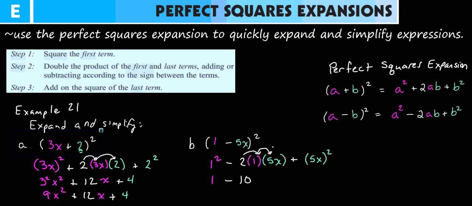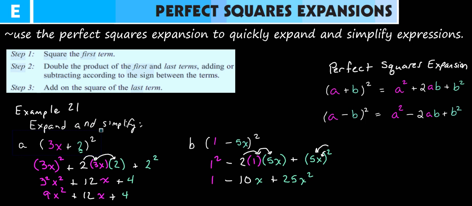So minus 10x. Okay, and then plus, okay, this is going to be that part where, again, I want to learn how to do this quickly. So that 5 is going to get squared. That x is going to get squared. Both will get squared. 5 squared is 25x squared.